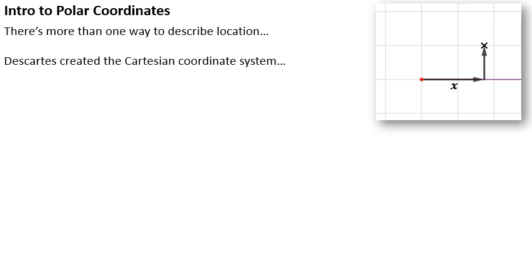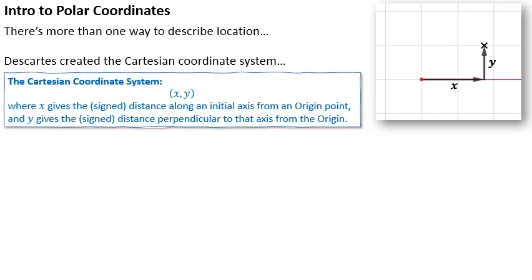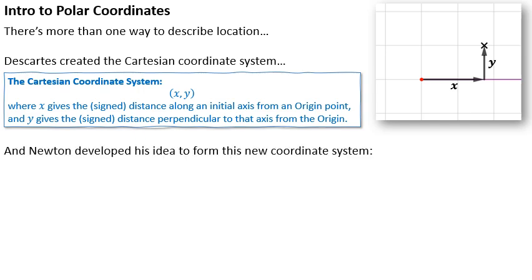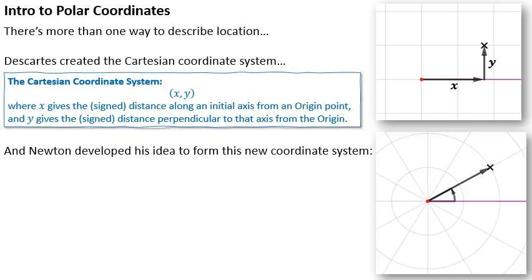So in the standard coordinate system that Descartes came up with, we have an x and y coordinate, and those give us a sense of how far to the right and how far up we are from the origin. But we can describe the same point, the same information, in a different way if we use this adapted coordinate system.